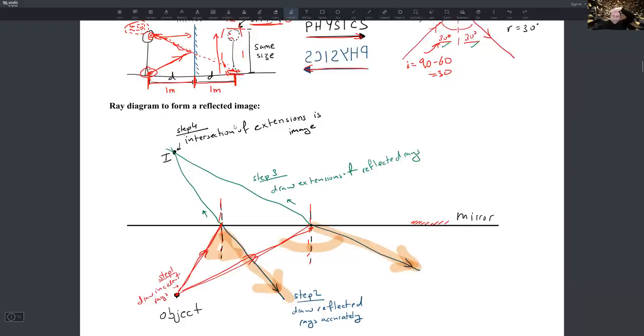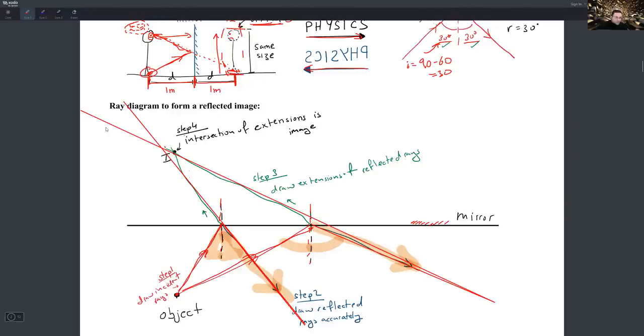Instead, the same ray that you've drawn, you will extend backwards until these light rays do what? Intersect. That point of intersection is where the image will be.